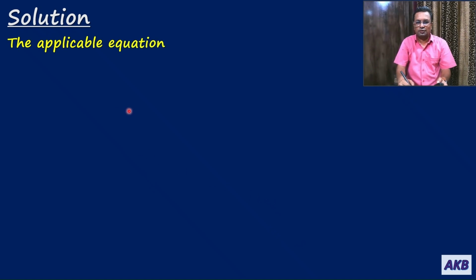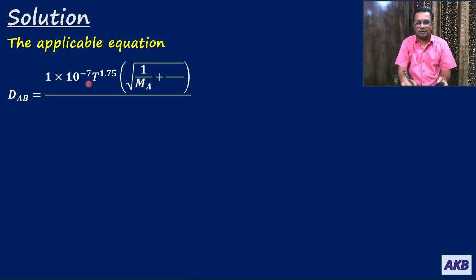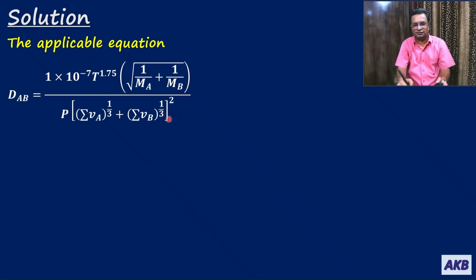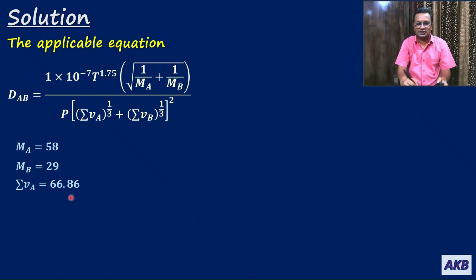Now the applicable equation, the equation proposed by Fuller et al. is this: DAB is equal to 1 into 10 to the power minus 7 into T raised to 1.75 into under root of 1 upon Ma plus 1 upon Mb, divided by P into [summation of Va raised to 1 by 3 plus summation of Vb raised to 1 by 3] the whole square. So Ma is 58, Mb is 29, summation of Va is 66.86.